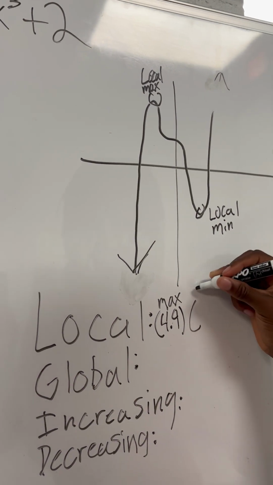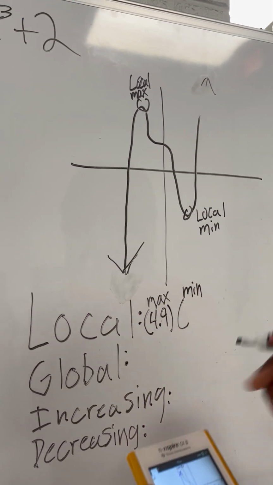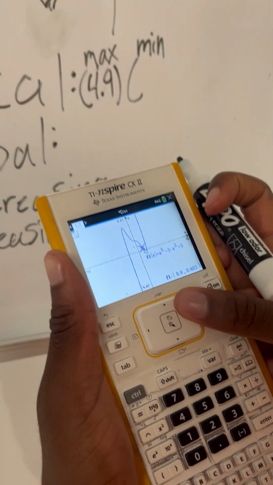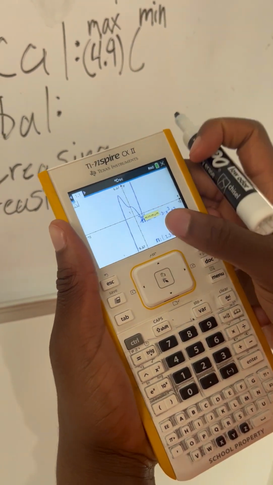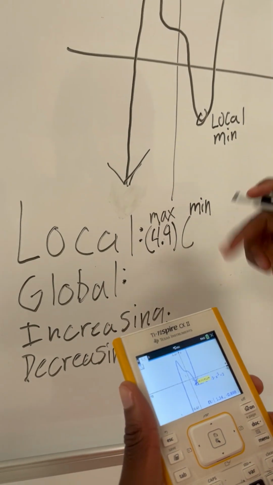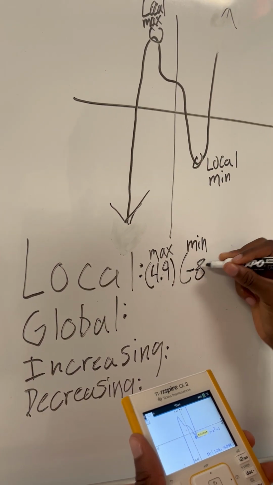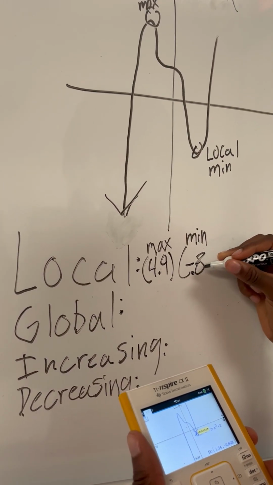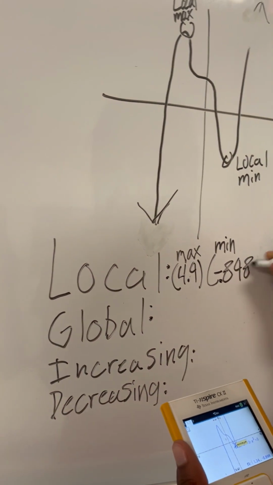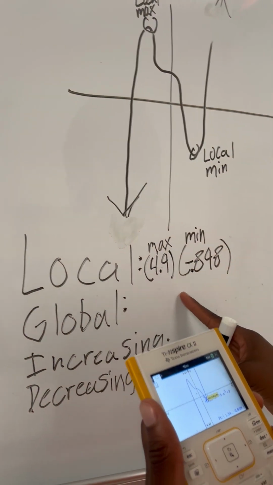And now we have to get our minimum. Now we go down. You'll see it says minimum right there. Remember to look at the y. It'll be negative 0.898.